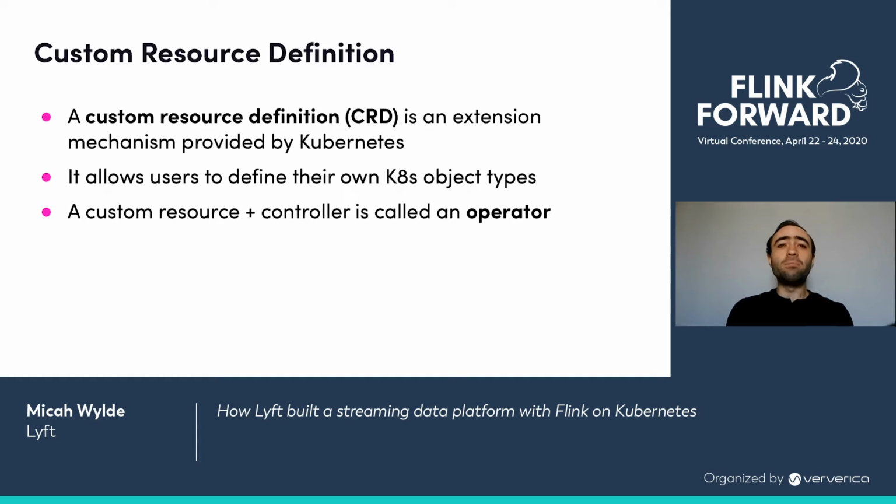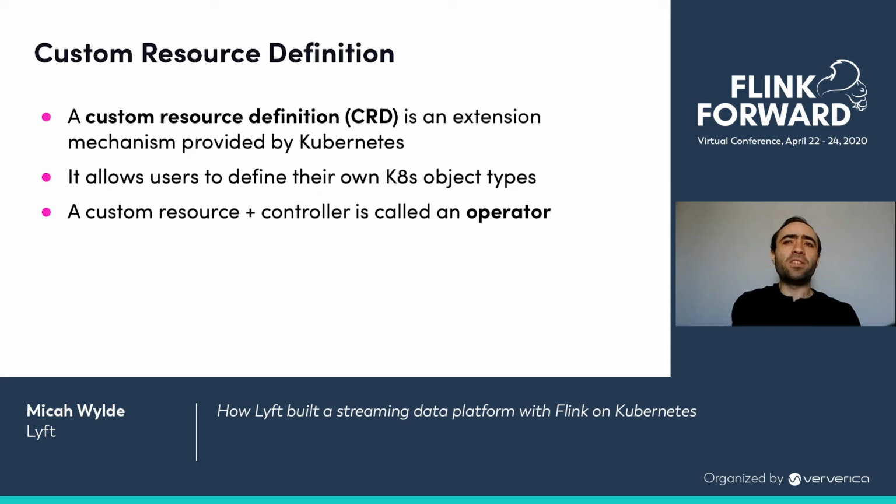It's an extension mechanism that Kubernetes provides that allows users to create their own resource types on top of Kubernetes. So Kubernetes doesn't know about Flink applications, of course. Out of the box, it just knows how to deploy stateless microservices. So using custom resource definitions, we're able to teach Kubernetes about these other more complex applications that we'd like to run.